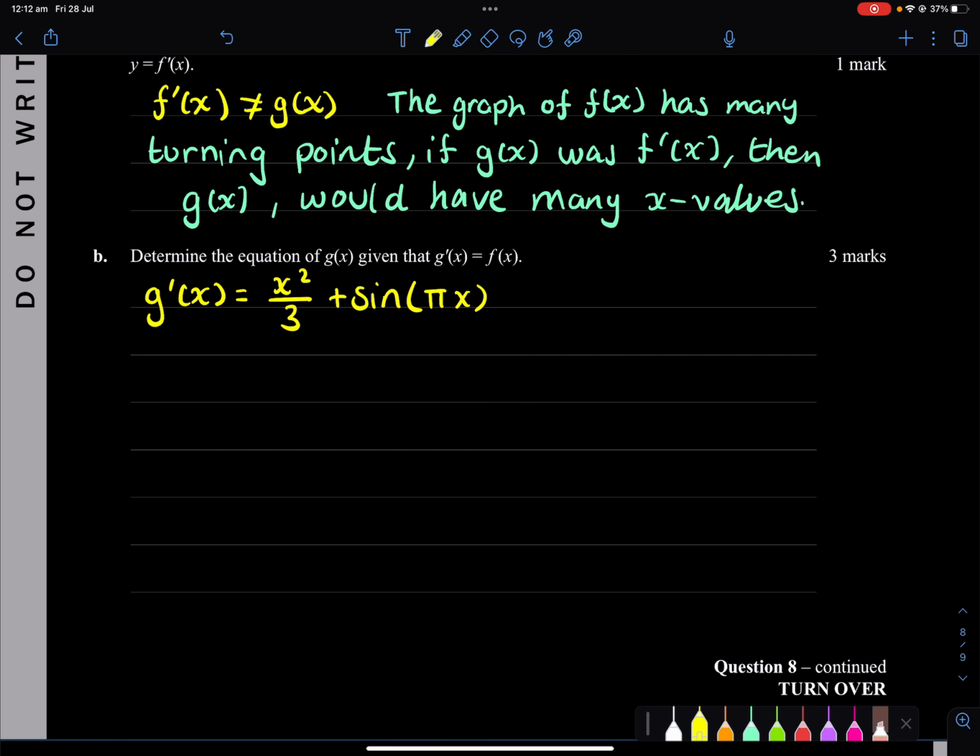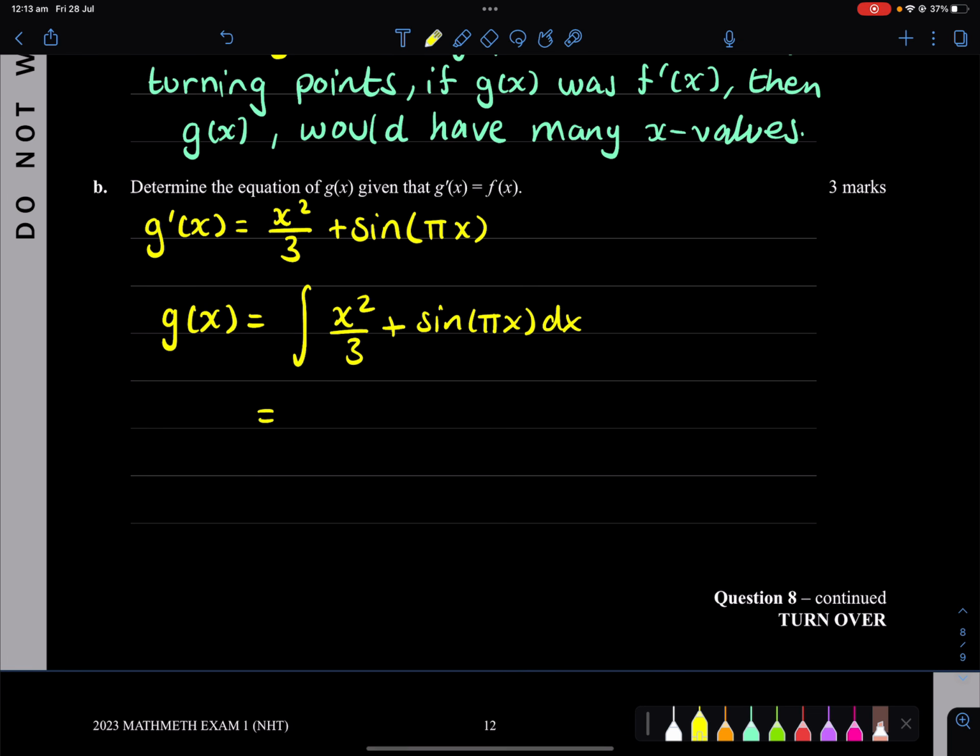To get g of x, we have to integrate both sides. So g of x is the integral of x squared over 3 plus sine pi x dx. Pull that 1/3 out, so it'll be x cubed over 9 plus 1 over pi times, since normally sine integrates to negative cos, negative cos pi x.